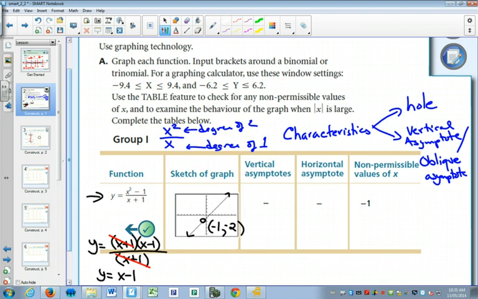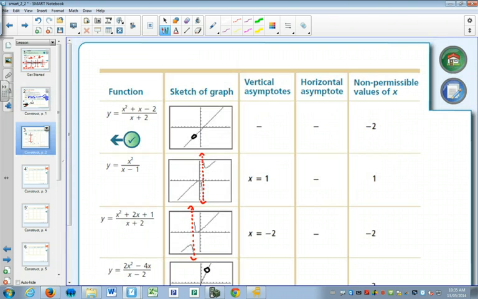So let's look at the other ones that have holes. Can you factor the top of this one? Well, obviously, because it has a hole, you can. It's going to be x plus 2 and x minus 1. These would simplify.